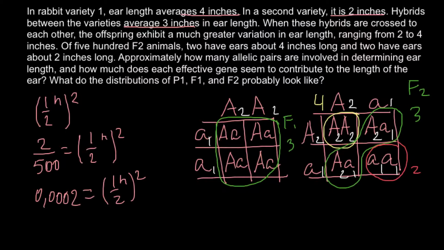Now what we are going to do is take the square root from both sides. So we take the square root here and the square root here. On the left side we are going to get 0.0632.